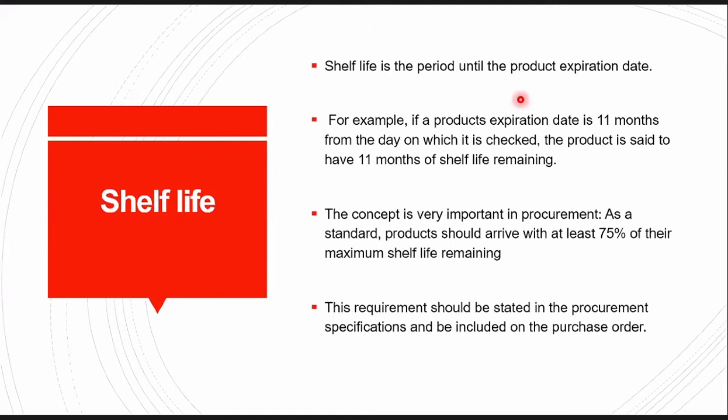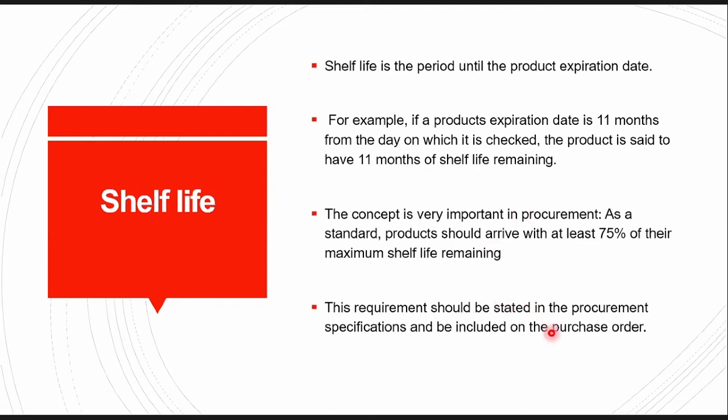It means that in 11 months' time, the stock is going to expire. You refer to that as the remaining shelf life, or just shelf life. This concept is very important, especially in pharmaceutical procurement. The standard, when you are receiving products, is to make sure that the shelf life is at least 75%.